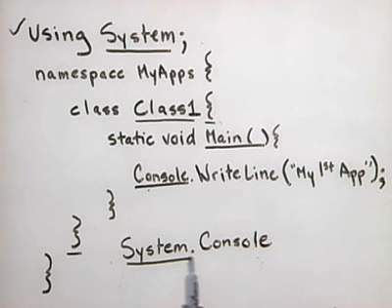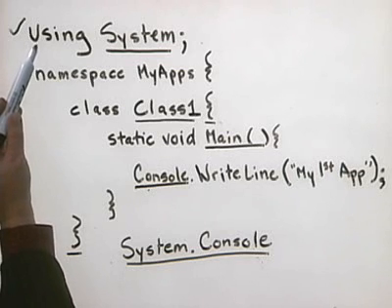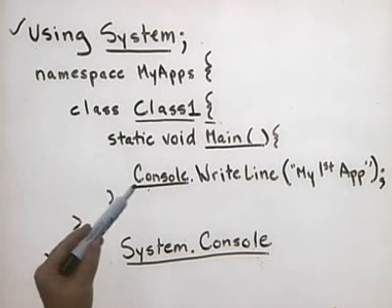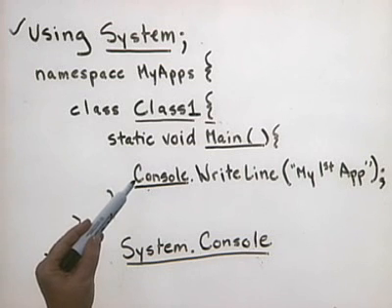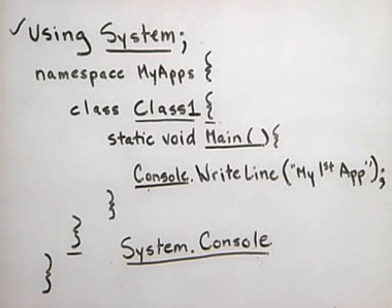So this is the fully qualified name of the console class. And by using the using directive, I do not have to fully qualify the name of the class. So using is simply a directive which allows me to shortcut the names of things like classes and objects that might be in a namespace.